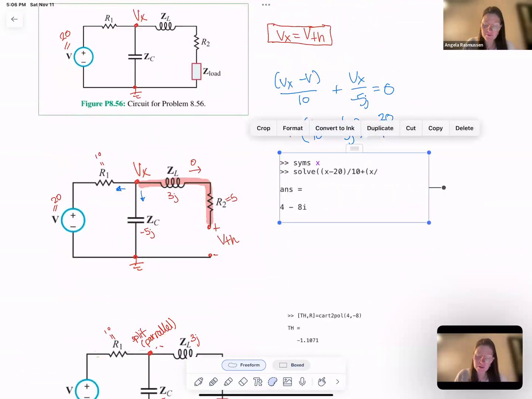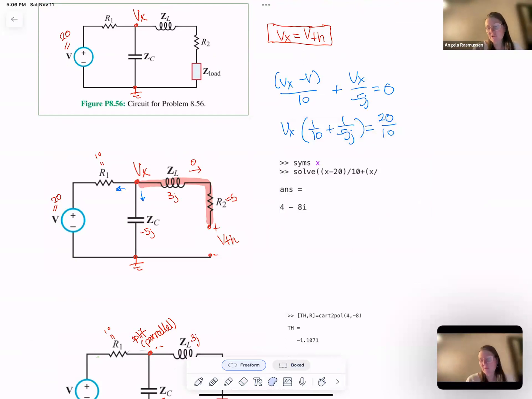I can even leave it in terms of just the first equation. I'm using x for Vx. So it's x minus 20 over 10 plus x over minus 5j equals 0. And that gives me just a 4 minus 8j.